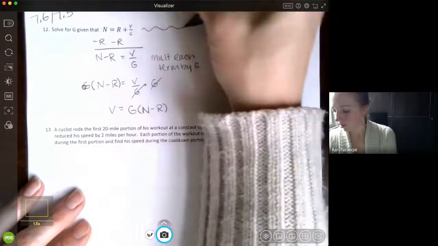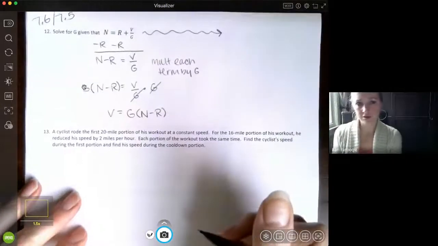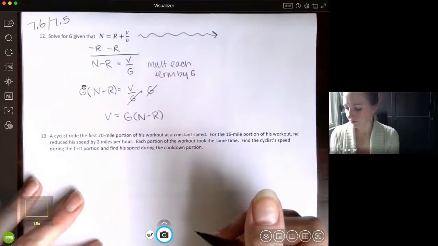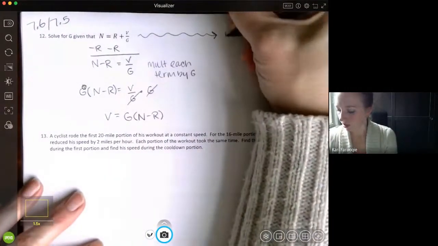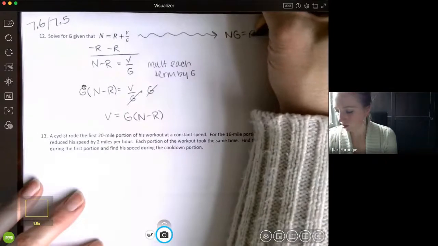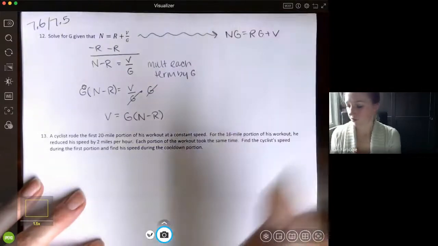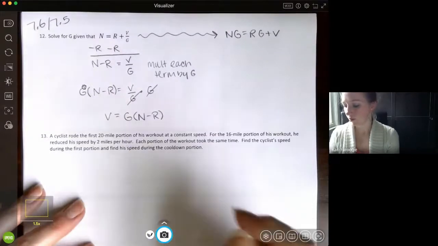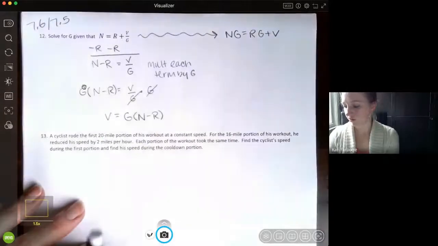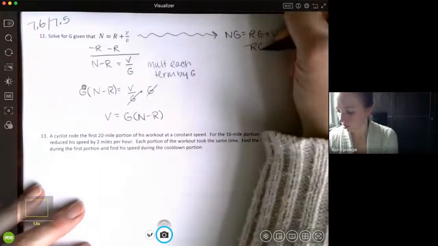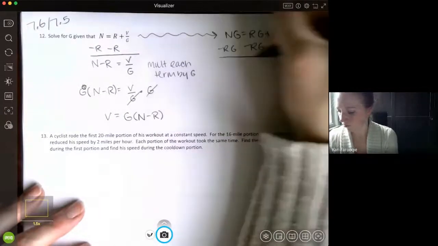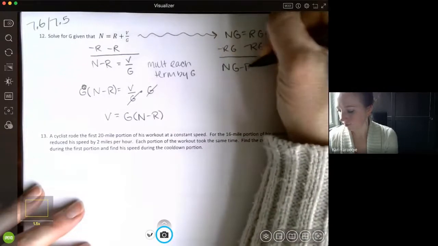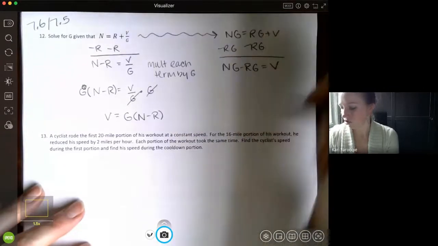Some of you guys might, though, from the start, multiply each term by g, and then you would get n times g equals r times g plus v. And that's what happens when you multiply every term by g. Now, this is a little bit trickier now because to get g by itself, you can subtract rg from both sides, and ng minus rg equals v.